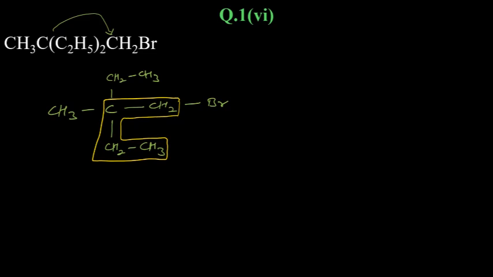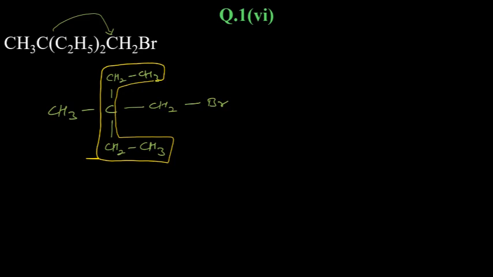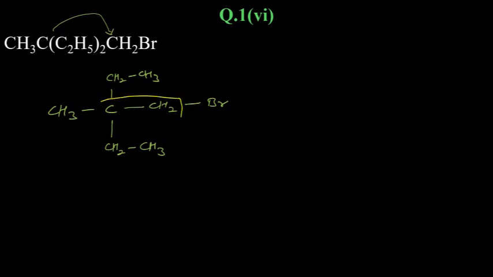Now you might say that why we didn't consider the five carbons, because if we had considered this one, this would have been of five carbons, one, two, three, four, five. But we are saying that this is the longest chain, which has only four carbons. The reason is that this one has bromine attached to the carbon. So it will be one, two, three, four, longest chain.